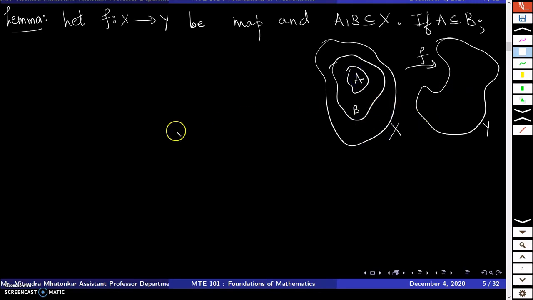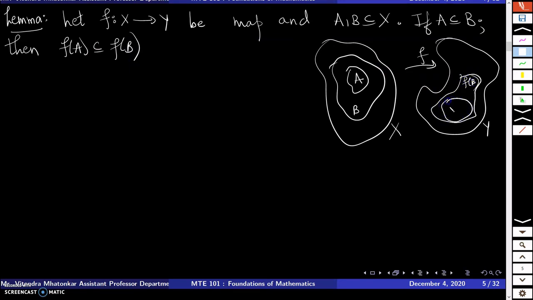Okay, so if A is a subset of B, then we can conclude that the image of A will be a subset of the image of the set B. So if f of B is here, then f of A will be a set which will be a subset of f of B.